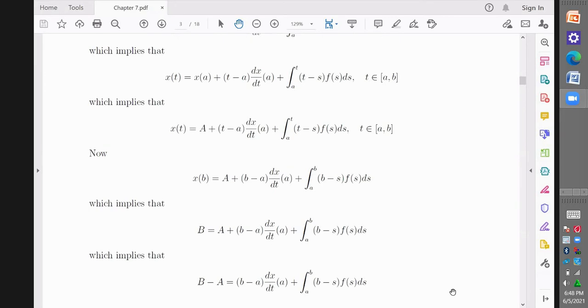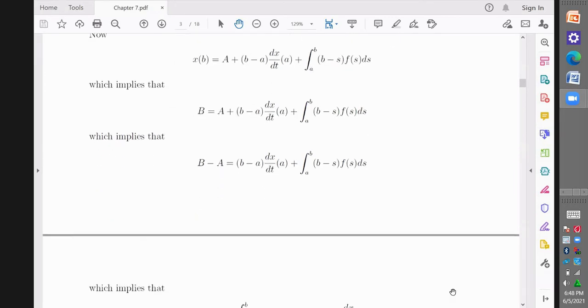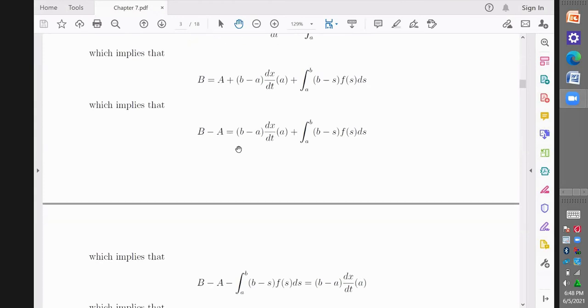So from here you can see, just shift this to the left side, so this is b minus a minus integral from a to b of (b minus s) f of s ds is (b minus a) into dx over dt at a.